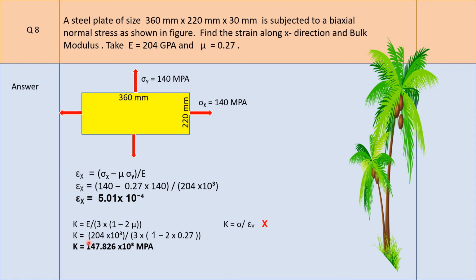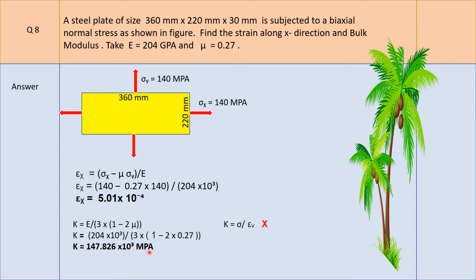Start doing the calculations from here. Bracket open 204 exponential 3 bracket close divided by bracket open 3 into bracket open 1 minus 2 into 0.27, first bracket close, second bracket close, is equal to, you will get the answer 147.826 into 10 raised to 3, and it is in Newton per mm square or megapascal.